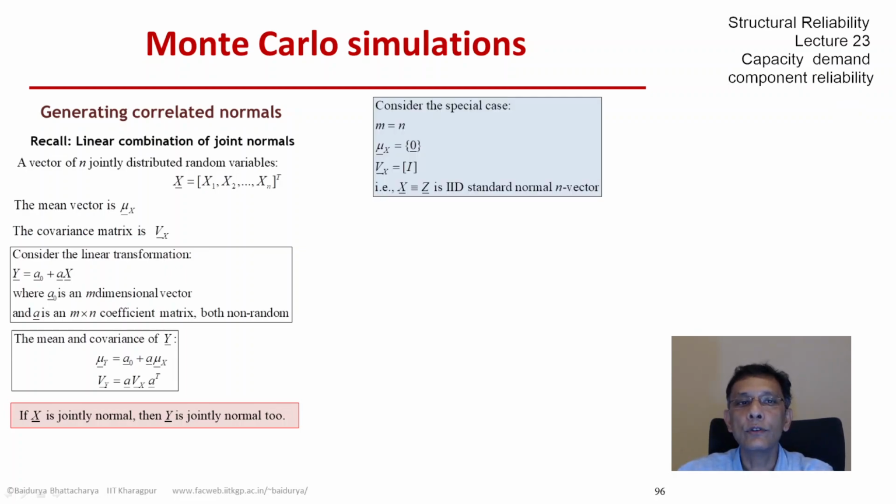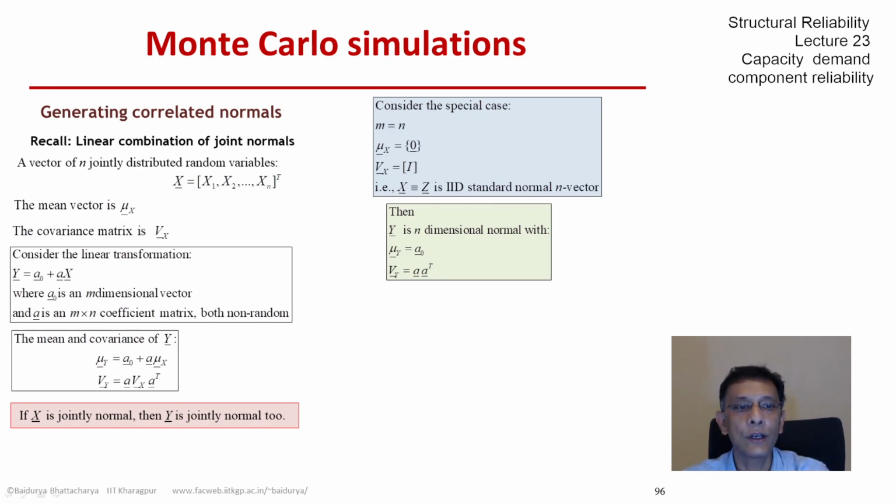And now we use the special case that the size of y and x are same, so m equals n. The mean vector of x is 0, and the covariance matrix of x is the identity matrix. So what we are getting at is that the x's are basically the independent standard normal vector. So if that is so, then y has a mean which is a0, and y has a covariance matrix which is A A transpose, and A was the matrix that we used to create y.